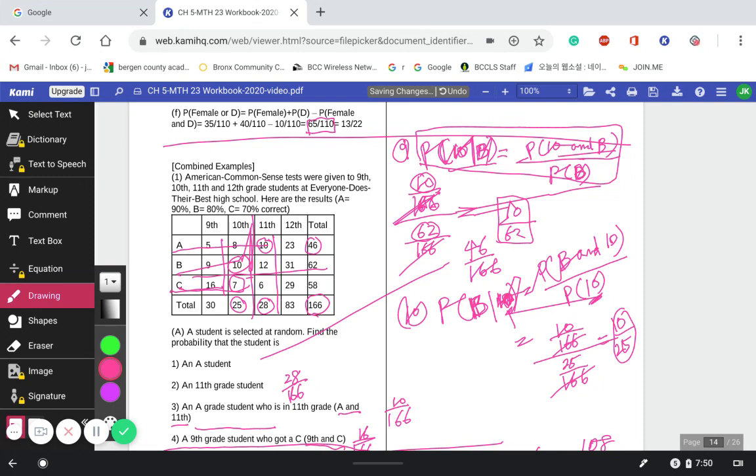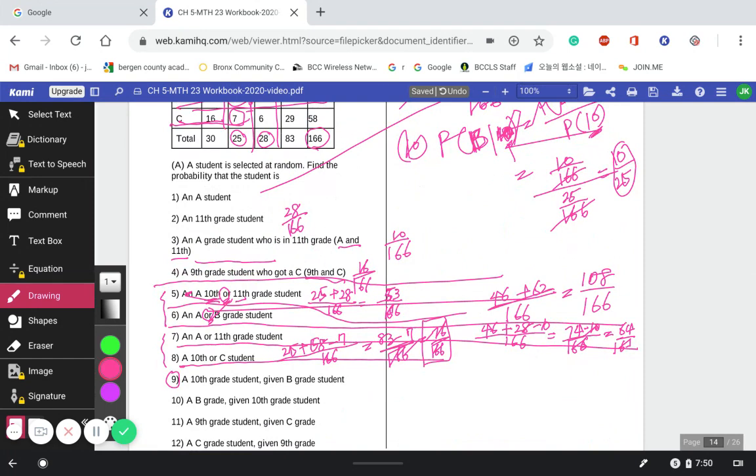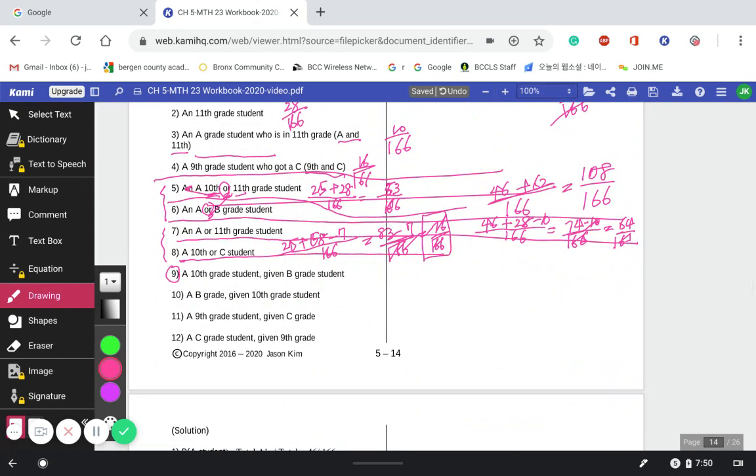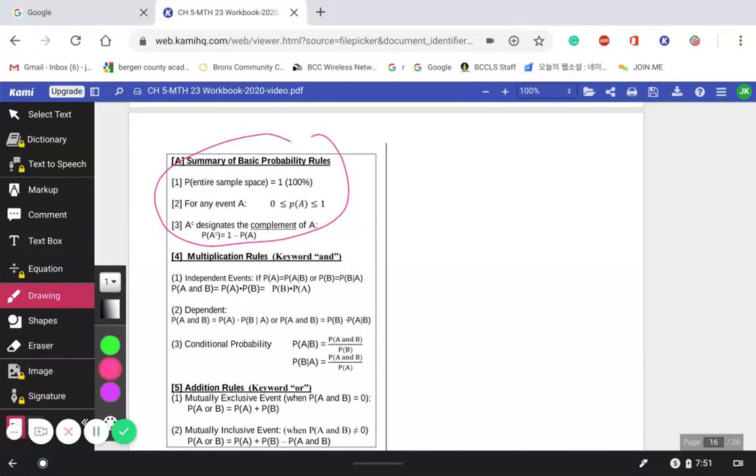Now if you do the summary of what we learned so far, the basic probability summary: probability of the whole thing is 1, which is 100%. Any event A has to be between 0 and 1. That is something called complementary. And there is a single event and compound events, or multiple.